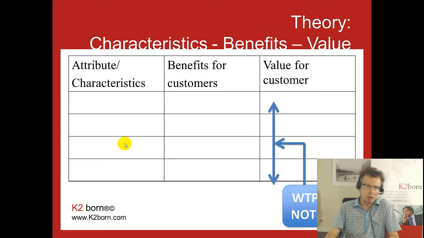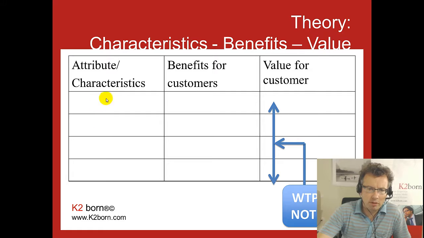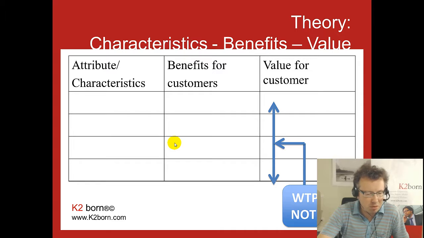Okay, really important. Then you've got benefit for the customers. Try to go and make a real survey. Hey, why would you acquire this product? What are the key benefits that you can get, and so on? Really important. And then value for the customer. It's much more a psychological factor at this point.